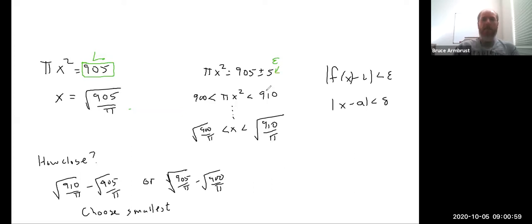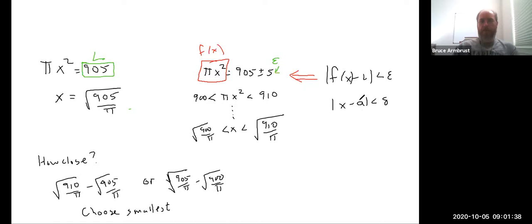So then our f, the function that we're looking at, is pi x squared. And so this statement right here, where we got pi x squared equals 905 plus or minus 5, that's exactly the f of x minus L is less than epsilon. Okay, so then what's our a?